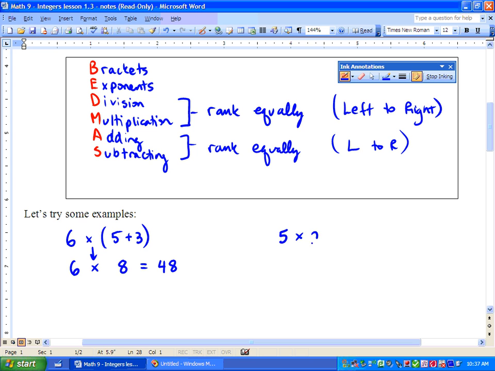5 times 2 squared. All right. So that's our exponent. We don't have any brackets this time, and so we're going to go 2 squared, which is when anything is squared, it just means that we multiply it by itself. So we get 2 times 2 is 4, and we bring down what we already have, and we go 5 times 4 is 20.